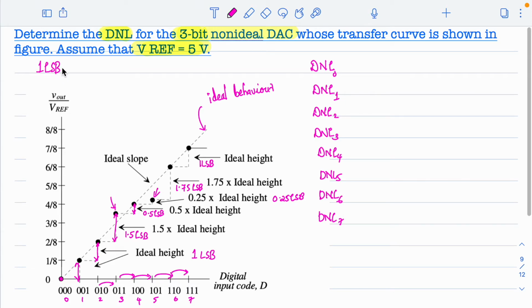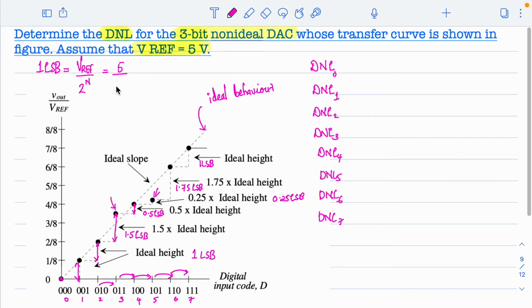What is the LSB of a DAC? For a 3-bit DAC, what is the LSB value? Any response in the chat box? 0.125, is it 0.125? Yeah, so one LSB value is VREF divided by 2 to the power of n.